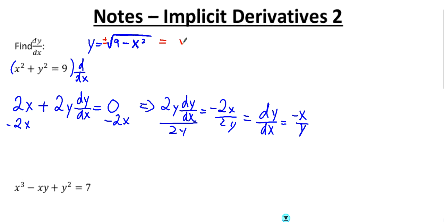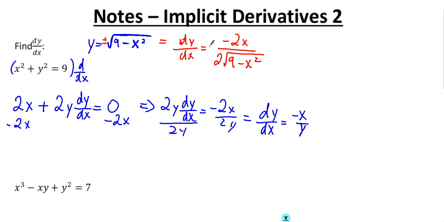And when you take the derivative, you're going to get negative 2x on top and 2 square root of 9 minus x squared on the bottom. And again, there's going to be a plus or minus deal that you have to deal with.